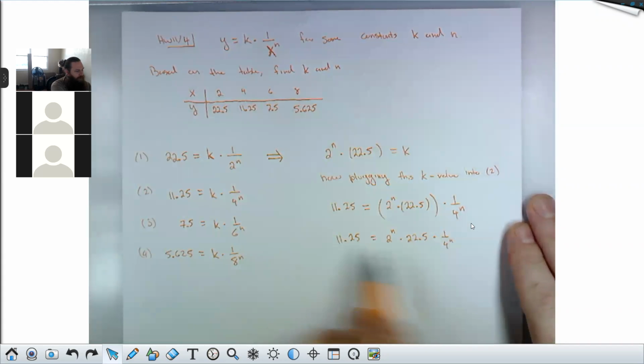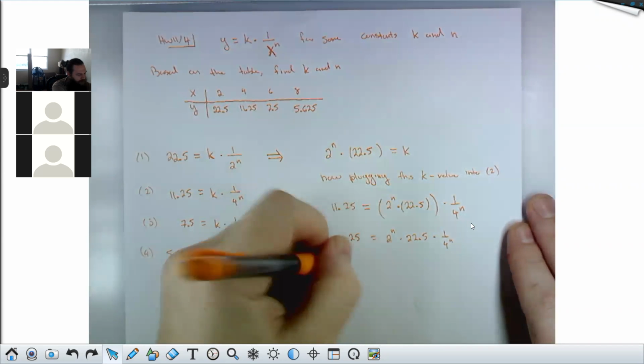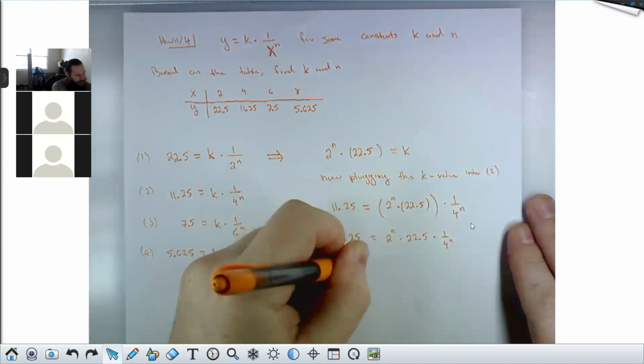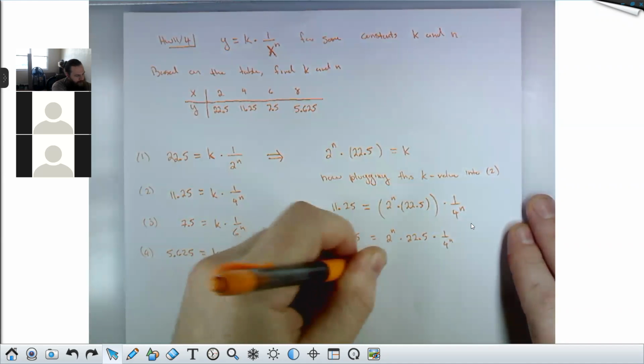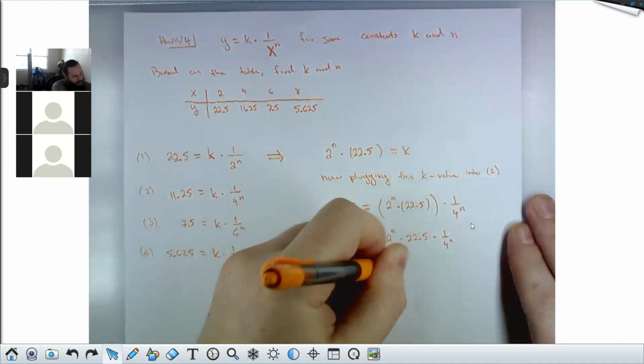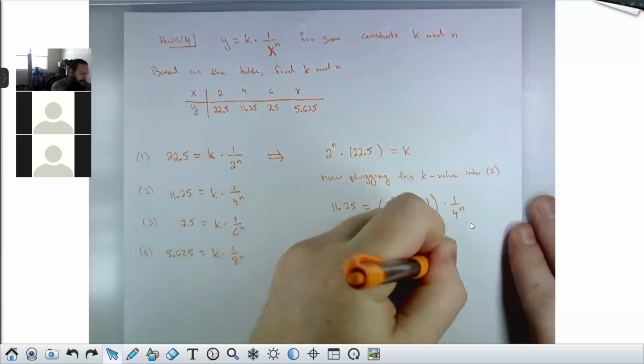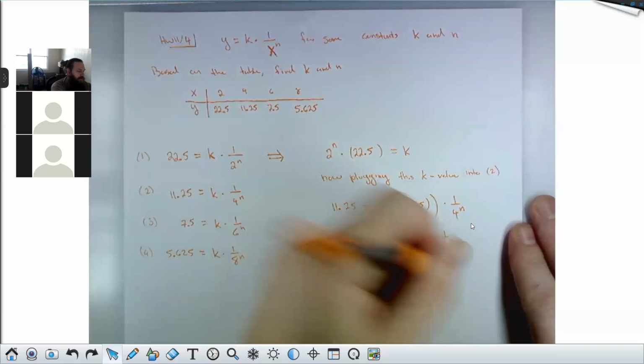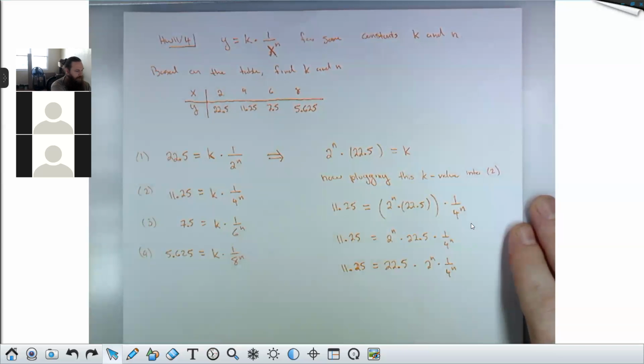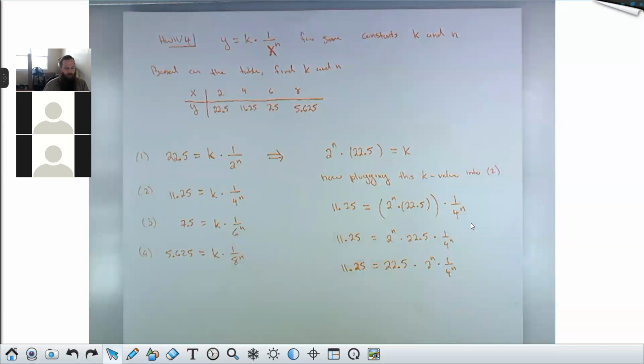I'll shuffle this over here, and then divide both sides by 22.5.